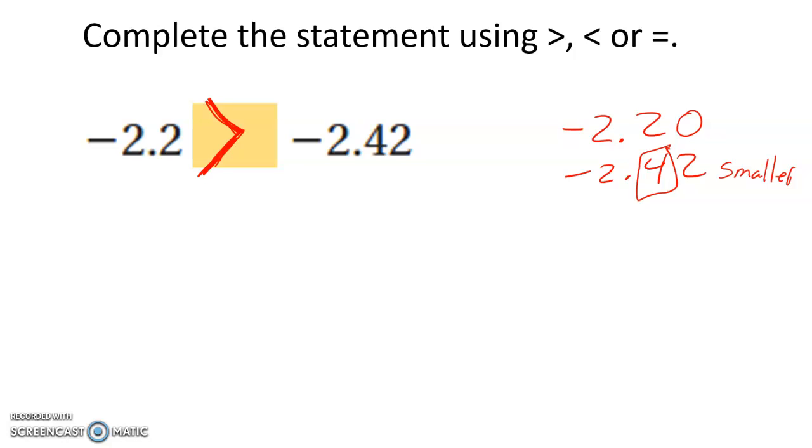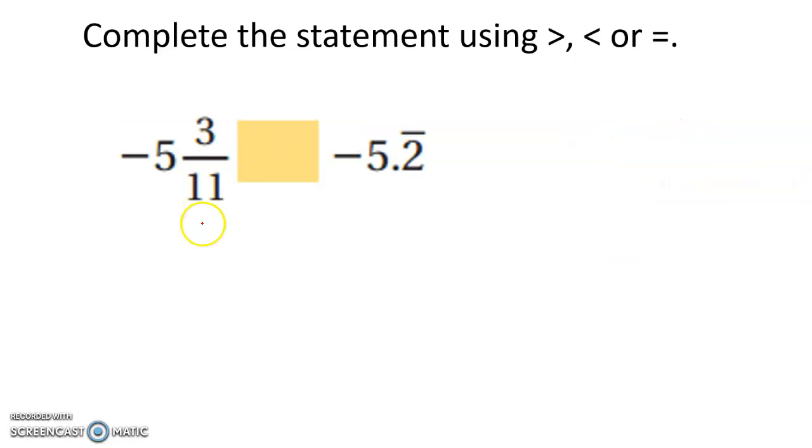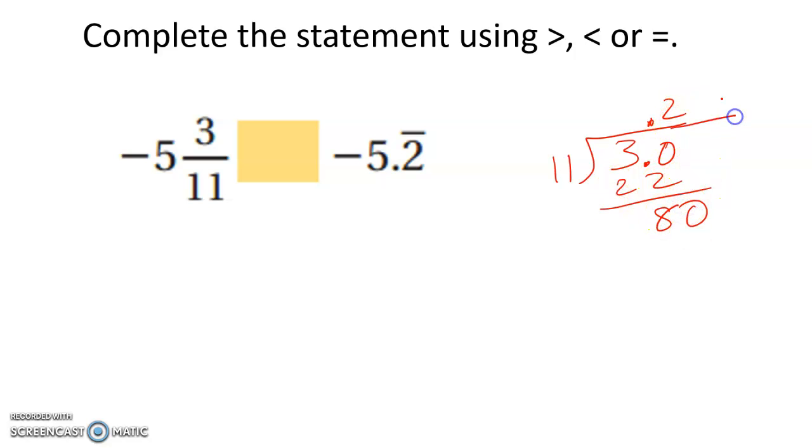And the last one, negative 3/11. 3 divided by 11. That goes 2 times. That's 22. 8 out of 0. That goes 7. 77. 3. It's actually going to be a repeating 27.